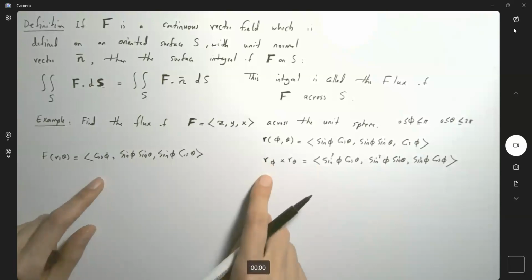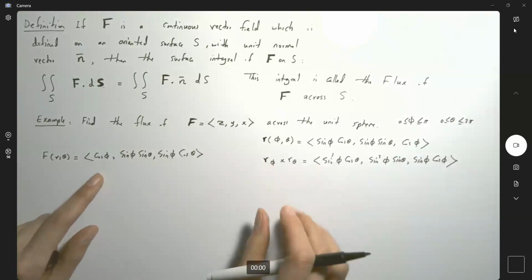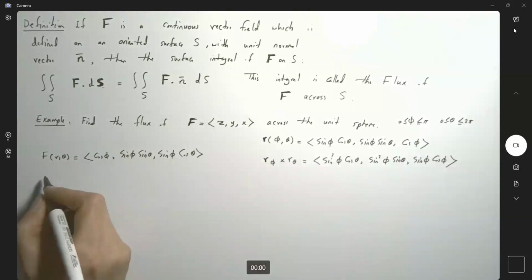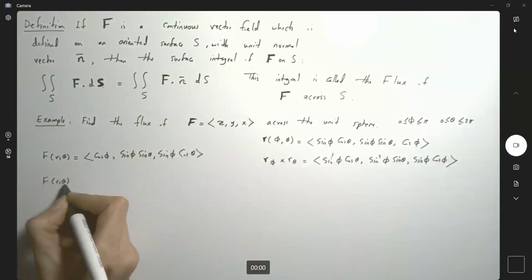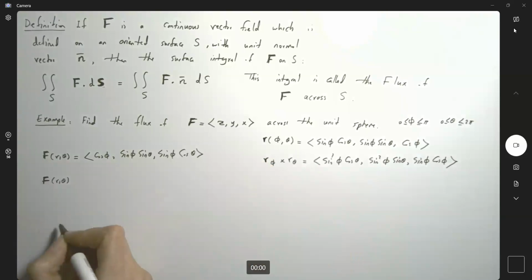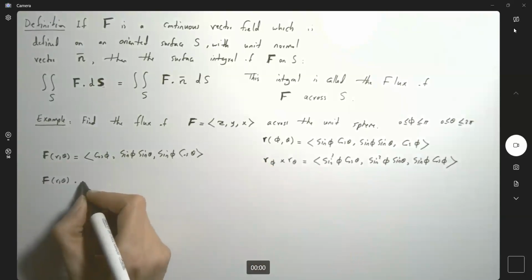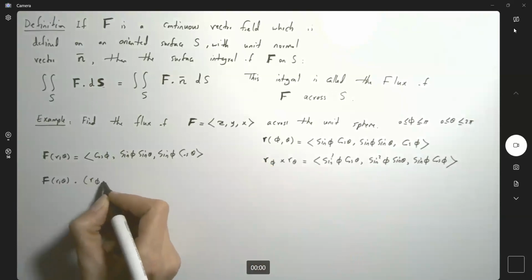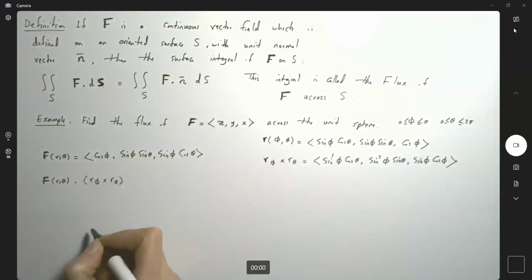Now let's do the dot product between these two. We already did the cross product here. So F of r, make sure it's bolded so you know we are working with a vector function, dot r_phi cross r_theta.